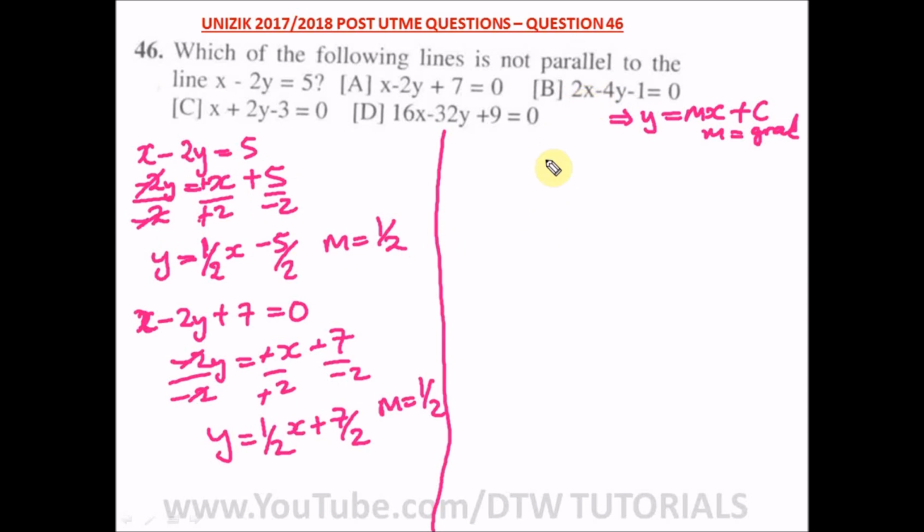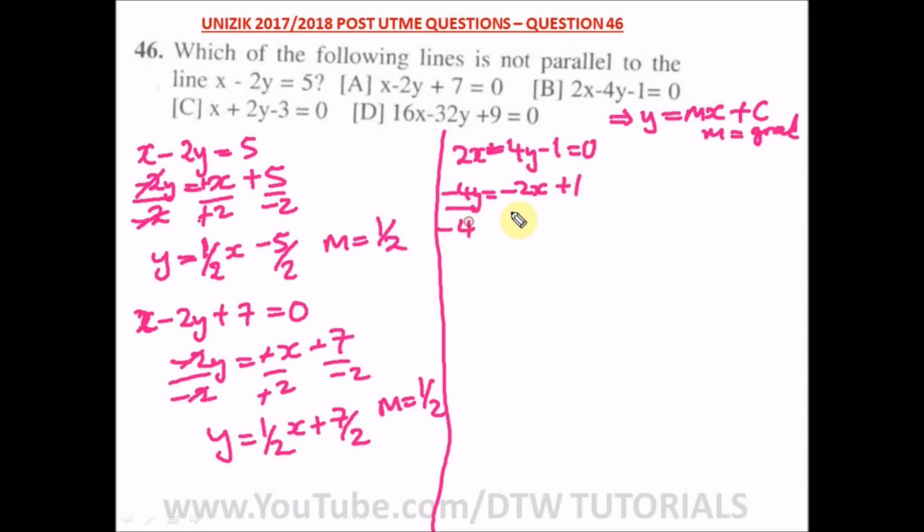So what's the next one? We have 2x minus 4y minus 1 equal to 0. So we have minus 4y is equal to minus 2x plus 1.